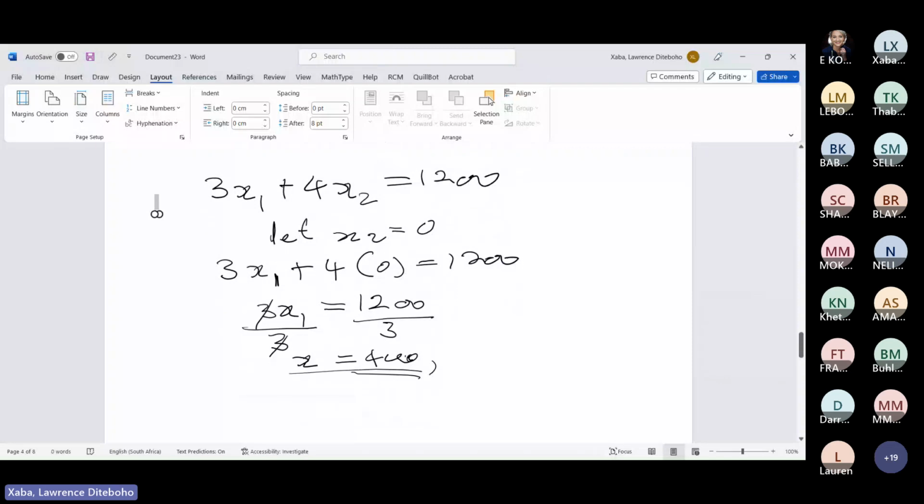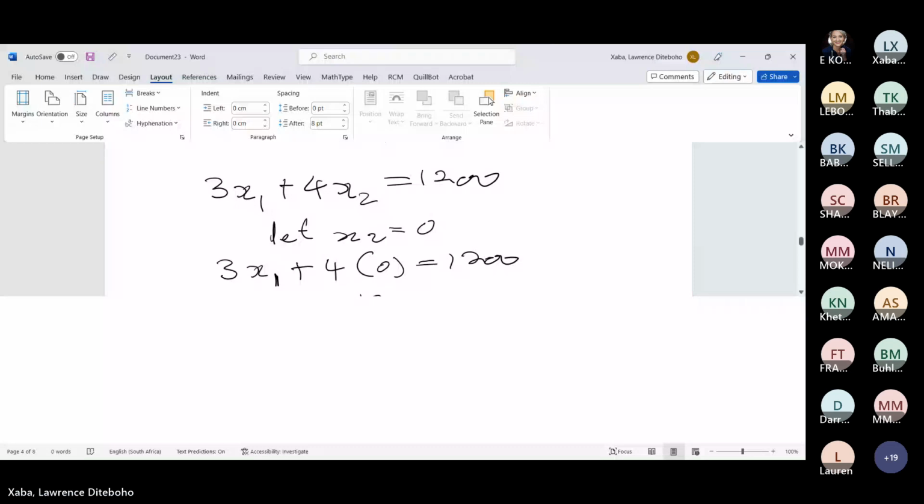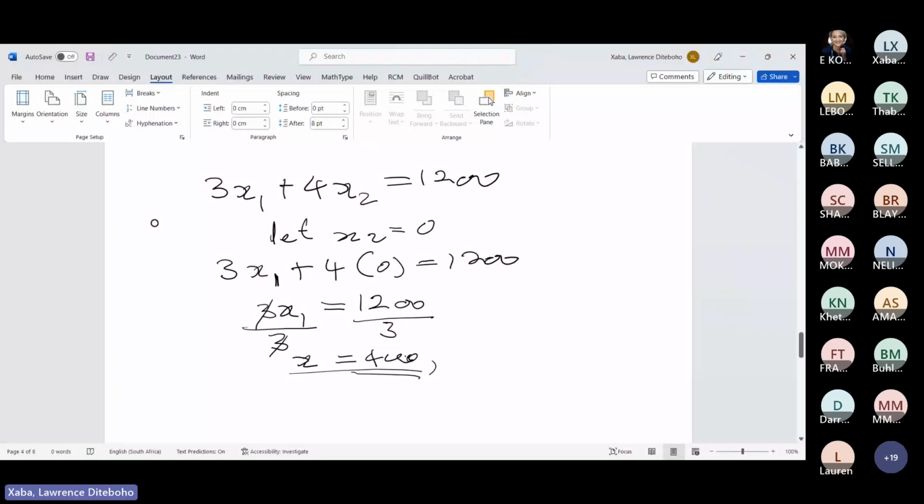Then we do the same again. I'm trying to save the space, so I can just do this and say 3x1 plus 4x2 equals to 1,200. Now our interest is to know the value of x2. So we let x1 equals to 0.